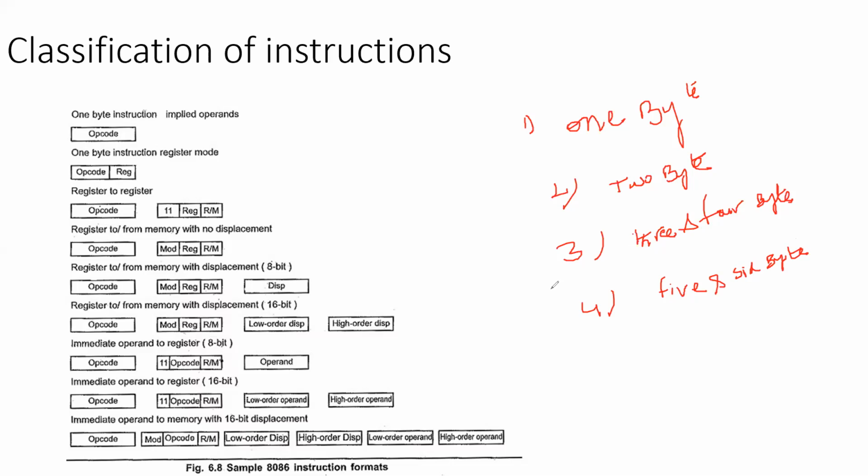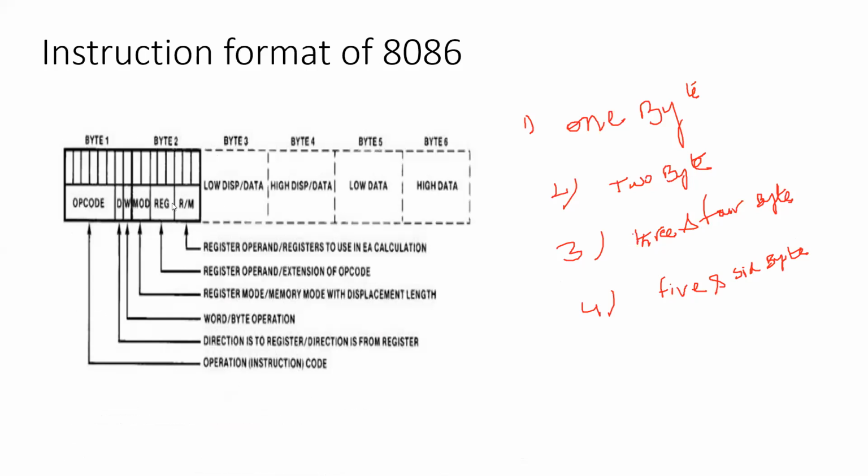Now, with the previous discussion, we should have clarity on why we made the classification like this. Let us go to the previous slide. In this slide, when we have displacement, if it is 8-bit displacement, then you will have only byte 3. If it is 16-bit displacement, you will have both byte 3 and byte 4.